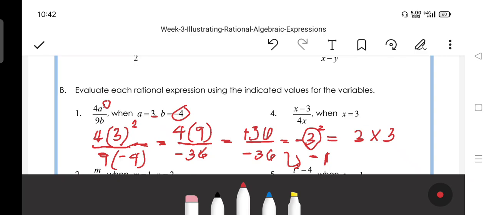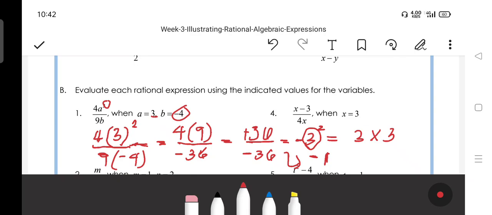So this is actually the first method that we can use in evaluating rational algebraic expressions. The second one is we can directly cancel out common factors.